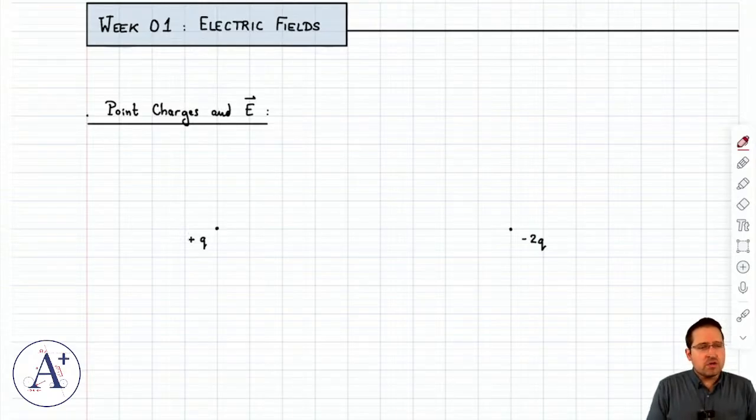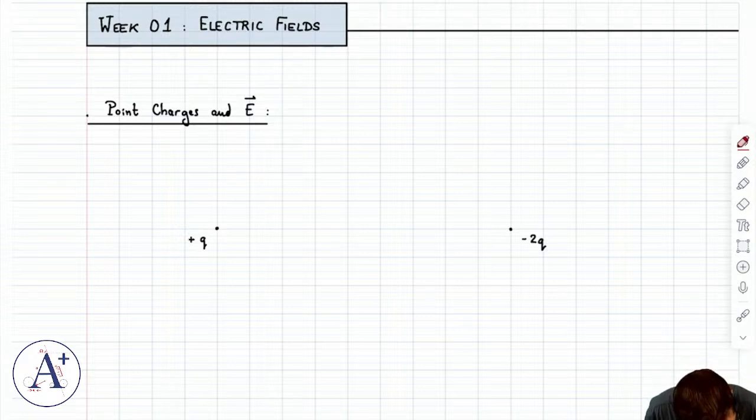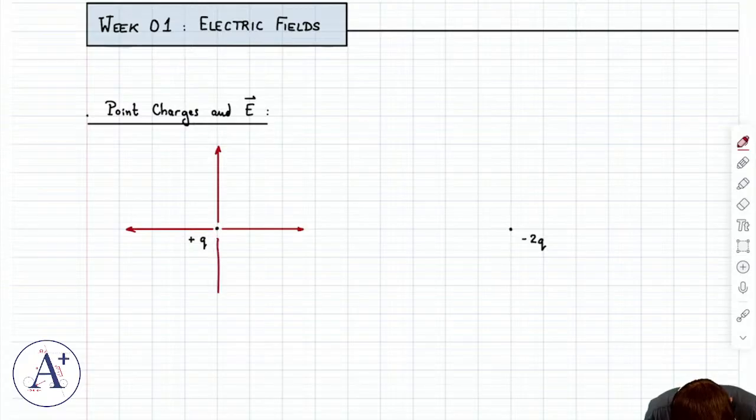And you can think of the point charge, at least the positive point charge, if you want, kind of as a disco ball when it comes to electric fields. And so the electric field created by this positive charge is going to radiate outward like this.